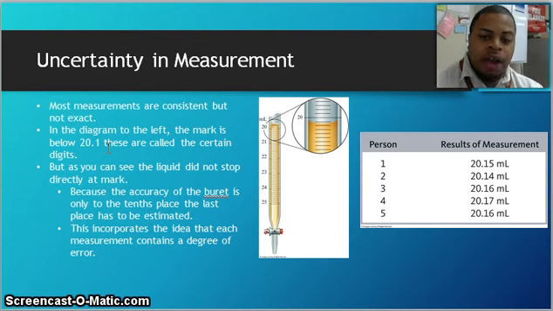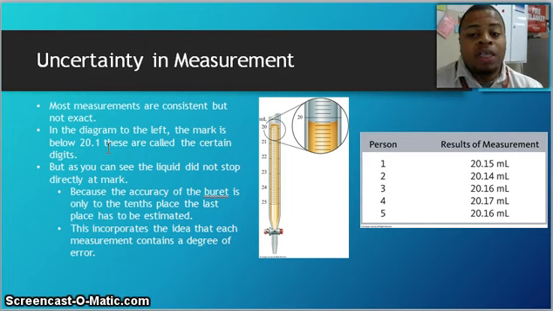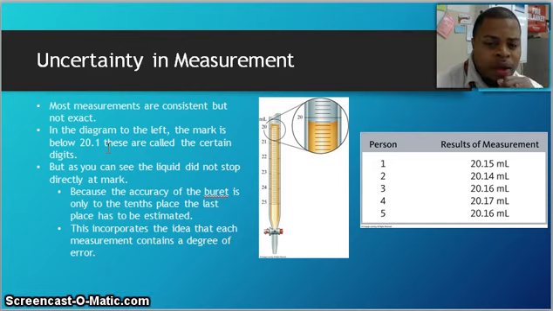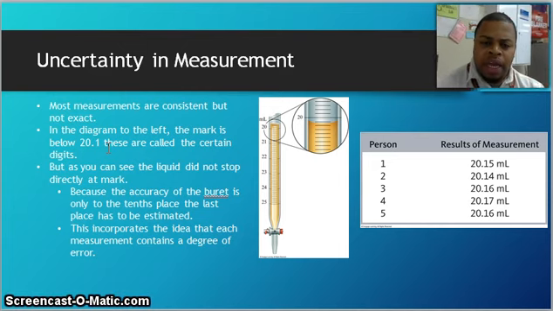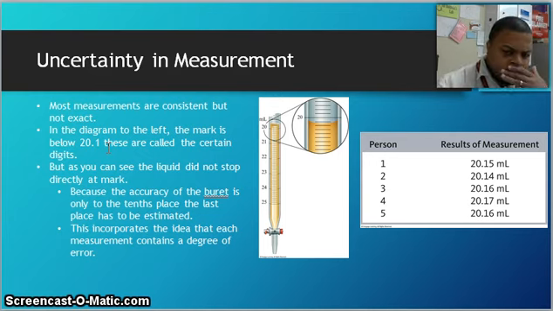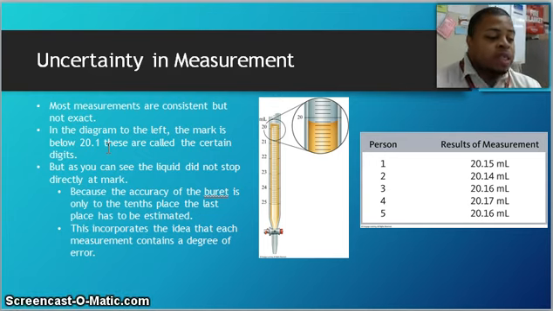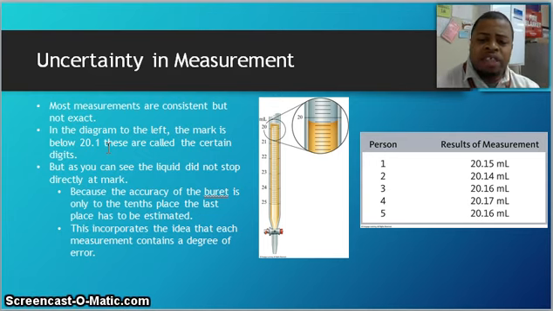In this case, the accuracy on our burette, which is the tool that's used here, only goes to the tenths place. But we need to go one step beyond that, because as you can see, it doesn't go all the way to the line. It doesn't stop directly on the line, which of course would be perfect. Because of this, we have to estimate that last digit, and that's where we get the idea that there's some bit of error involved.